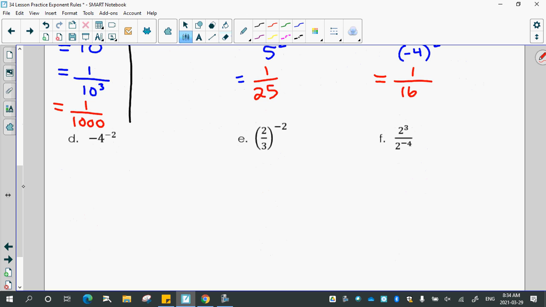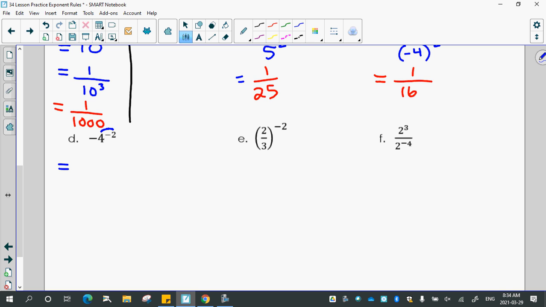Now we don't have any brackets. What's the difference here? Brackets versus no brackets, what do you think? What's the base, 4 or negative 4? What is the exponent applying to?